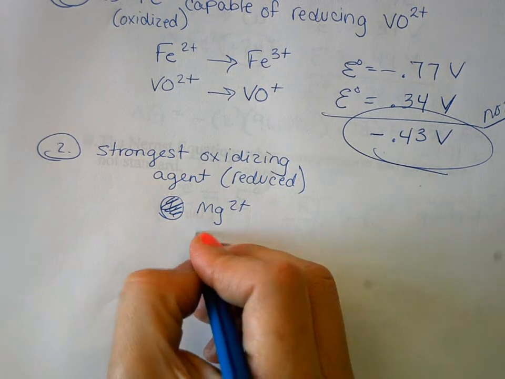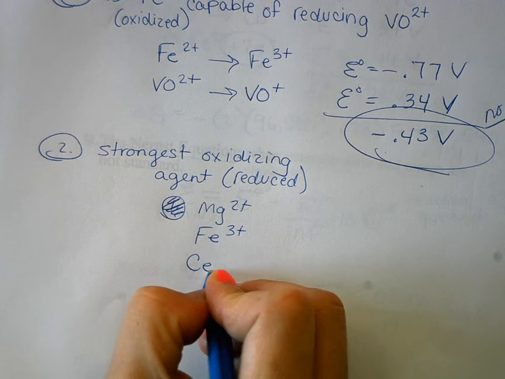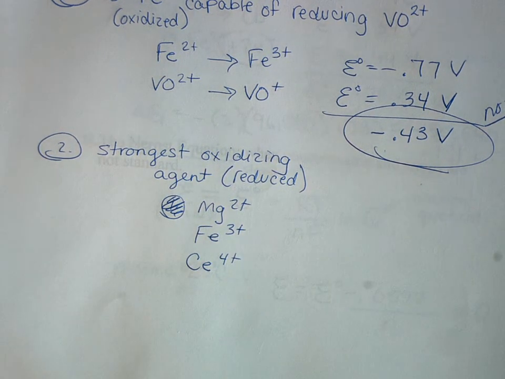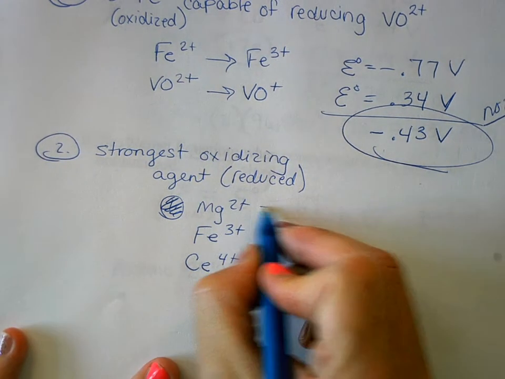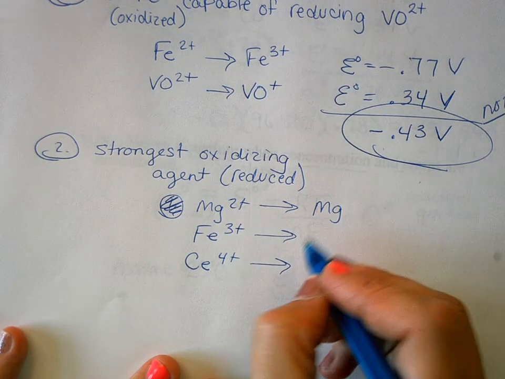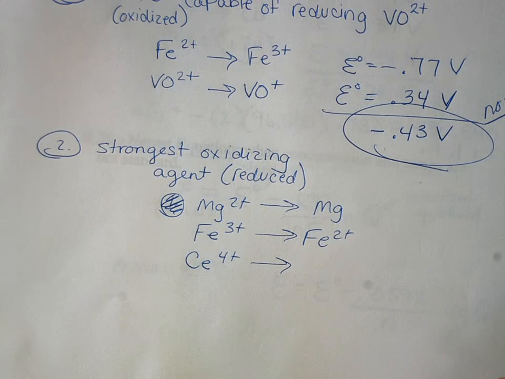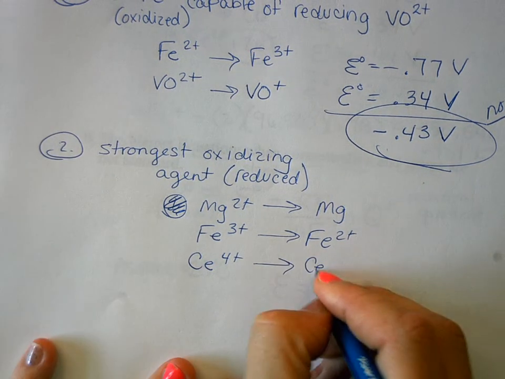Would iron be the strongest oxidizing agent? Or cerium or something like that. Is that the strongest oxidizing agent? If it's an oxidizing agent, that means it's being reduced. So this one would go to Mg, magnesium. This one would go to Fe2 plus. This one would go to Ce3 plus.